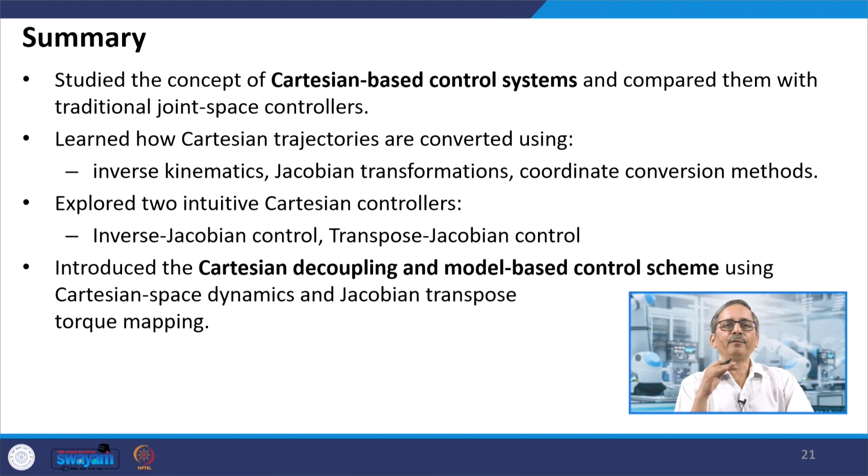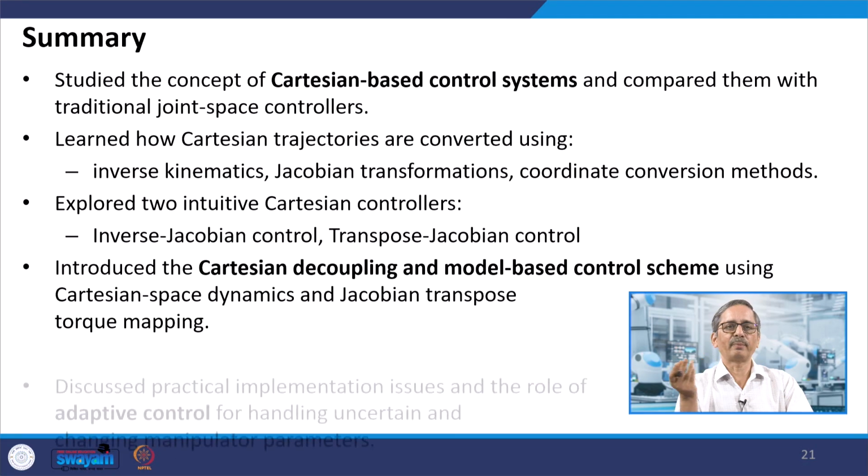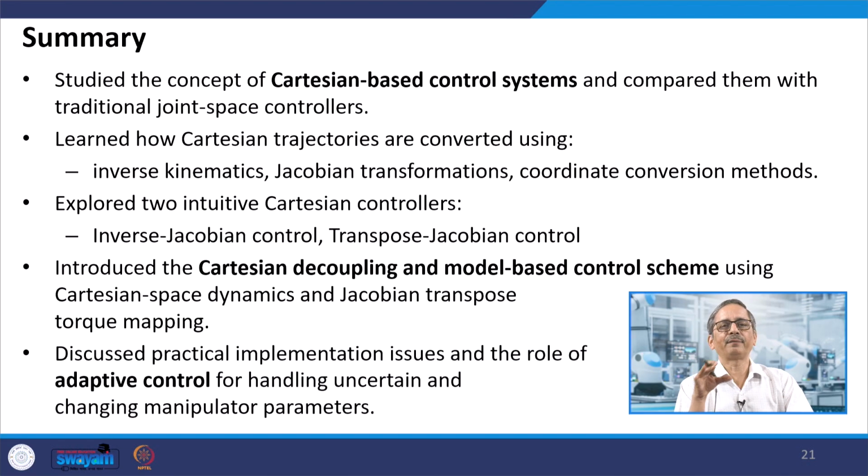And we introduced the Cartesian decoupling and model based control scheme using Cartesian space dynamics and Jacobian transpose torque mapping. Then we finally discussed the adaptive control law, where we continuously change the dynamic model parameters rather than using fixed model parameters, and that improves the behavior.